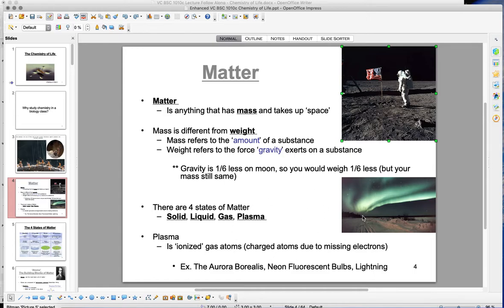With the northern lights, UV rays and different particle rays from the sun come in, and they're super, super hot, so they're super energized and able to disrupt the atoms of the gas in our atmosphere. Then these ions, these charged particles, are produced from the gases in our atmosphere, and that's what the aurora borealis is. A very cool display.